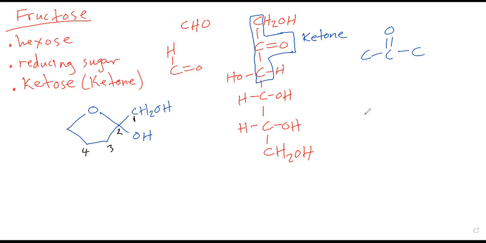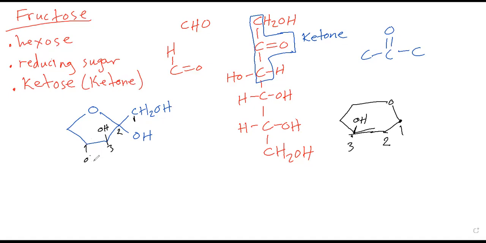If you remember, when we did glucose, I want to point out something so you don't make that mistake. When we did glucose, the OH group was here because this was carbon 1, this was carbon 2, and this was carbon 3. But bearing in mind that for fructose, this is carbon 1, carbon 3 is actually here. So this OH group will be inside the ring, and this one here will be outside of the ring.